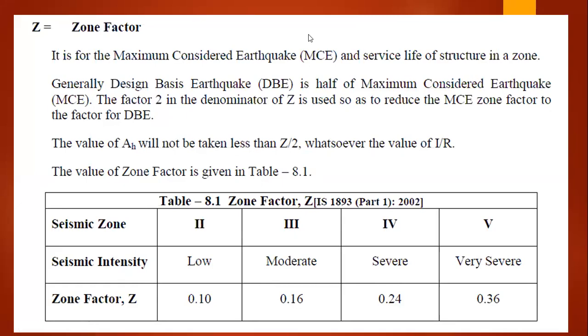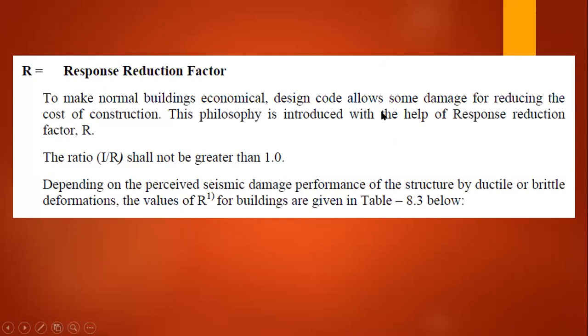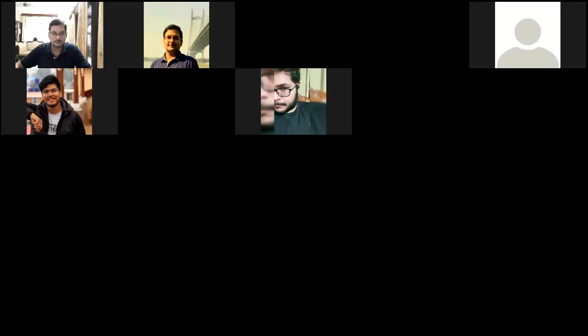Now this zoning is very important because when we learn the factors to find out this static analysis, this is basically a mathematical method. So we have to follow all these zones.